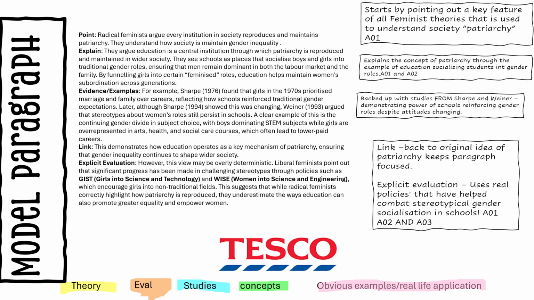So I've brought in some examples of policies that have really tried to attack that STEM pattern, so GIST and WISE. They suggest that while radical feminists correctly highlight patriarchy and how it's reproduced, they underestimate the ways education can promote equality and empower women. So much more of a positive, less sceptical feminist approach there.